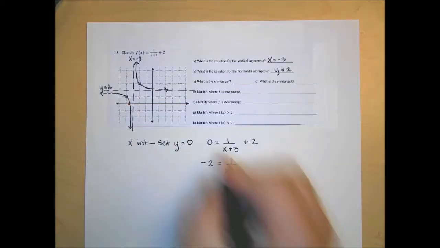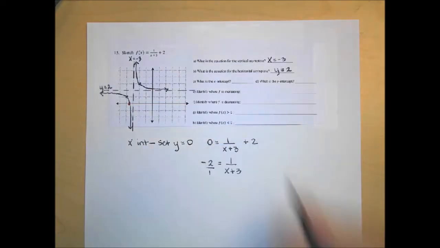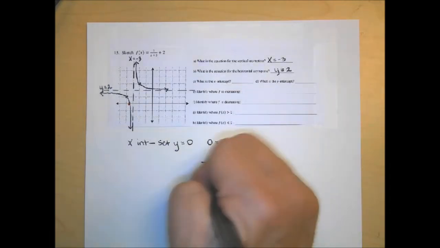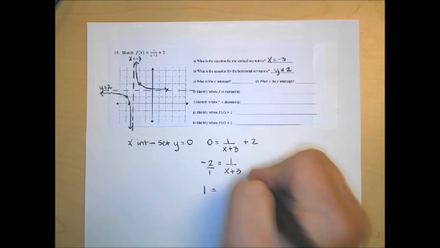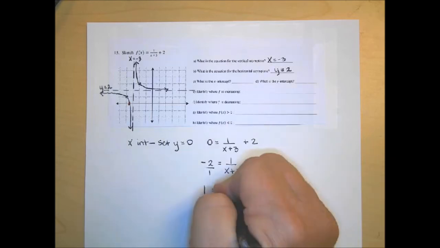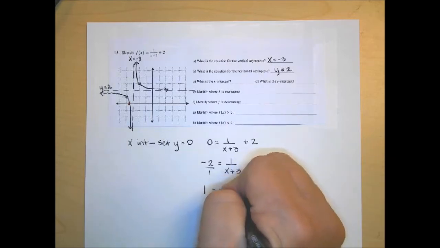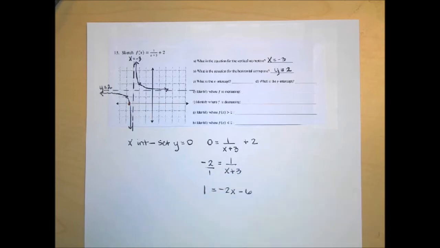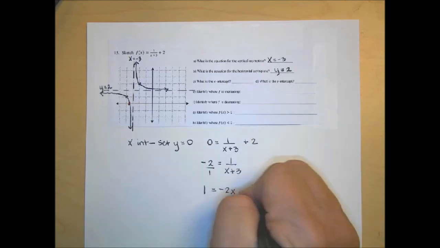And now just cross multiply to get my answer. You could throw a 1 under that negative 2 if you want. And when you cross multiply, one way, 1 times 1 is 1. When you cross multiply the other way, you get negative 2x minus 6. So I'm going to add 6, add 6.